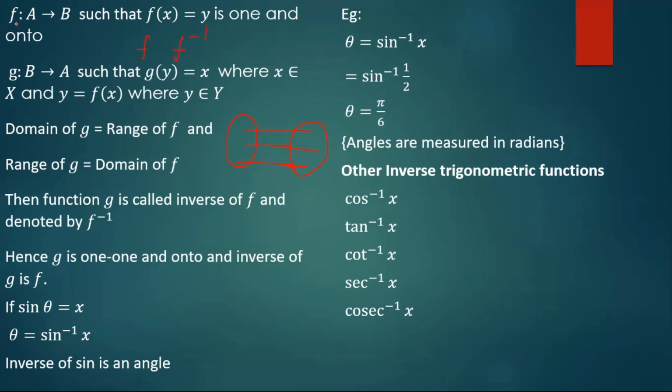If the function is f, its inverse will be f inverse. Before we go on, a small briefing about a function and the inverse of a function. f from A to B such that f of x equal to y is 1-1 and onto.